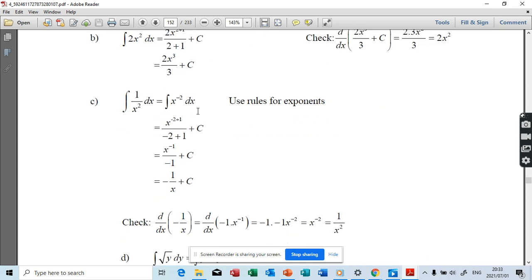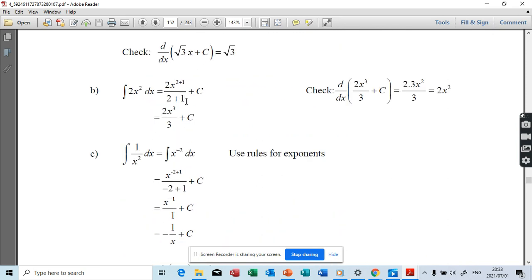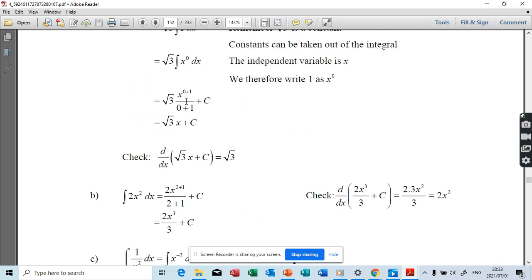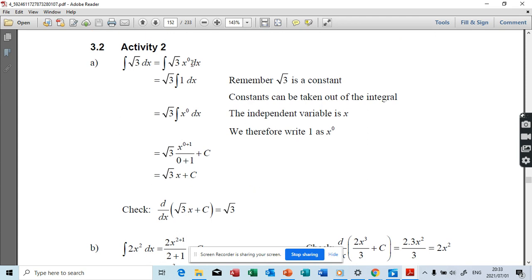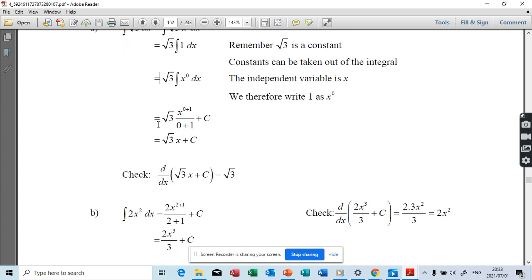Yes, a constant has got x to the power 0, like I said.